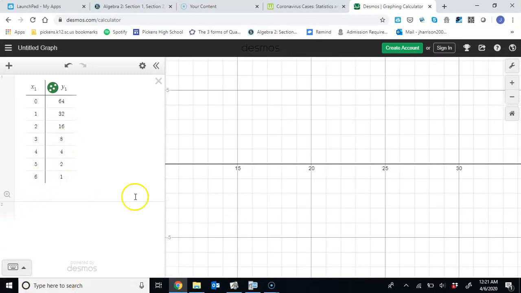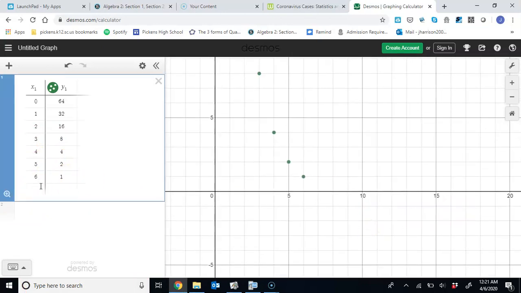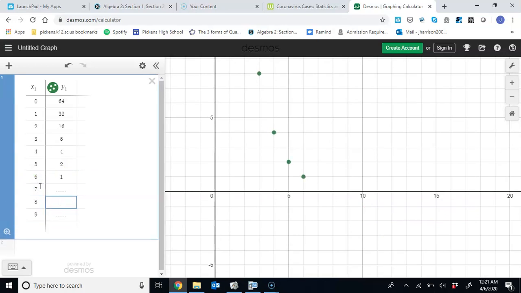If I went back to my table over here, and I went to 7, and 8, and 9, and I cut that one in half, that would be a 1/2, and then a 1/4, cut it in half, that would be a 1/8, cut it in half. Notice it starts to flatten out. We're going to talk about this when we talk about the graphs in particular, but notice that this would never, ever touch 0.